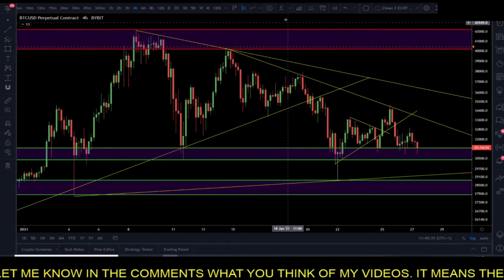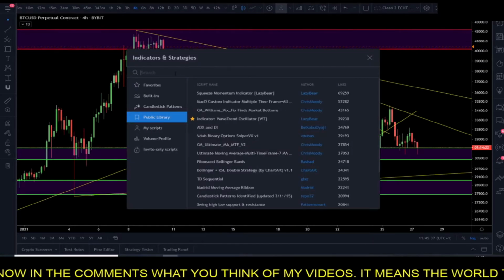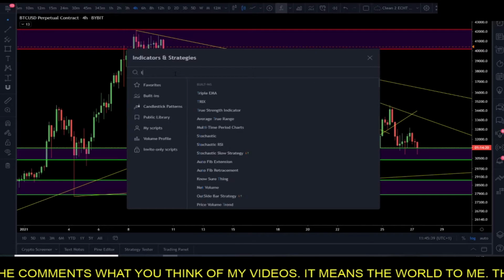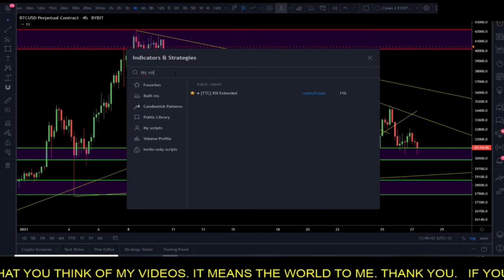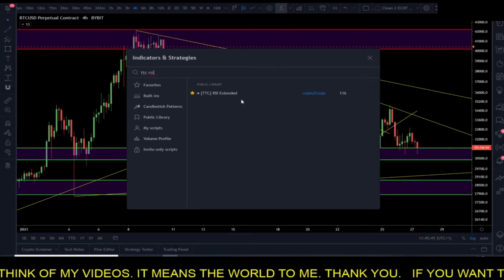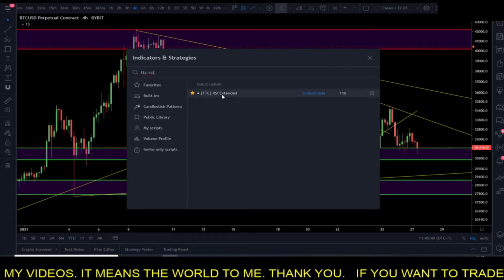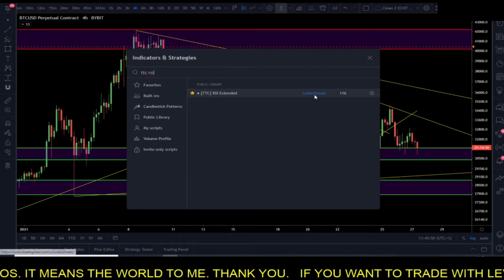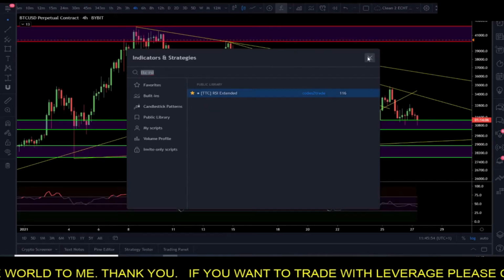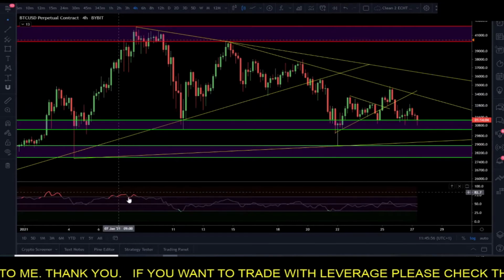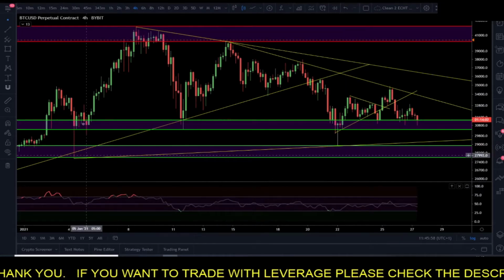So we are going to our indicators now, and we are going to type TTC RSI extended. It's this one, a TTC RSI extended from Codes to Trade. We're going to click that one, and then you can see this one added here.